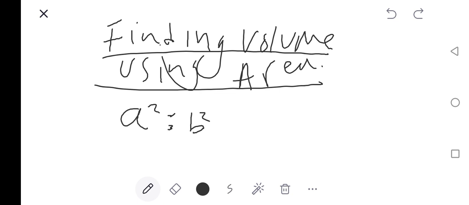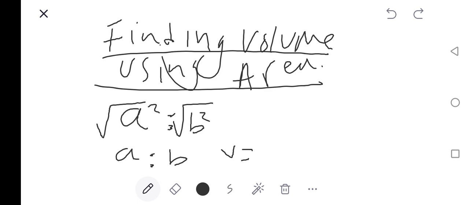So how do you find volume? You first square root, you find A, you find B. Are you getting the idea? When you find the normal A and the normal B, then you say volume is equals to, you now cube.